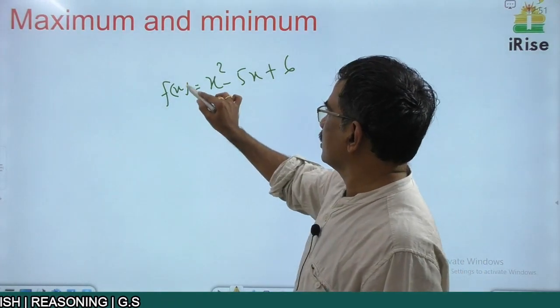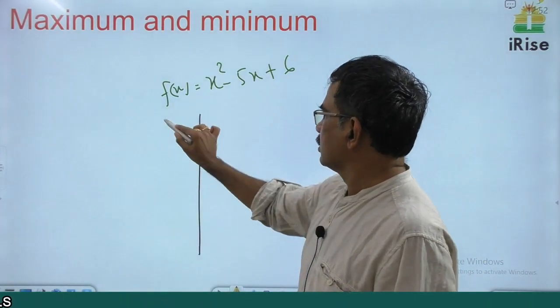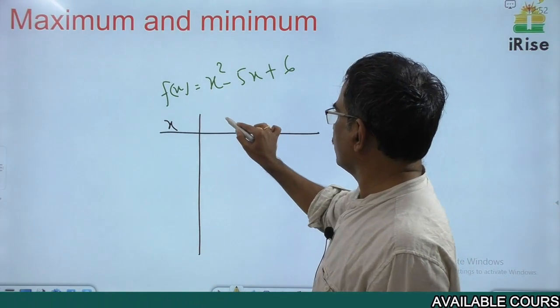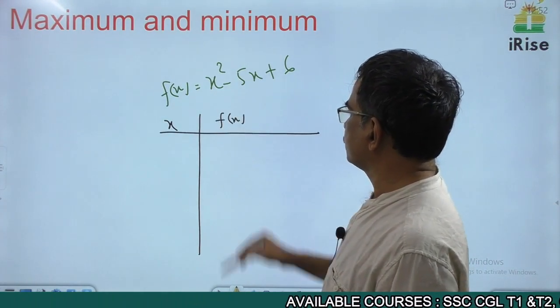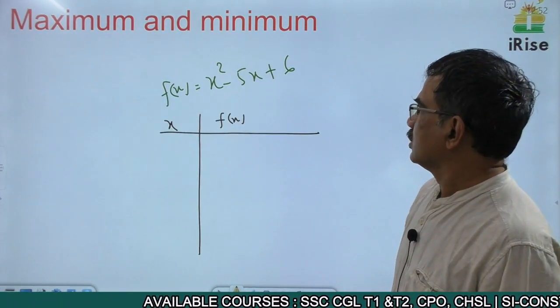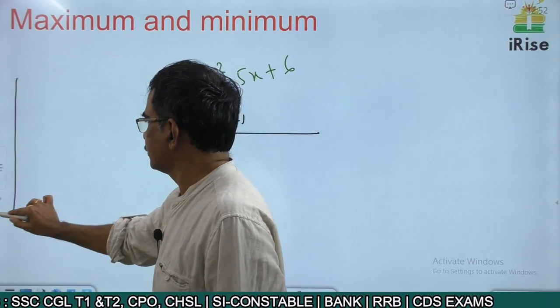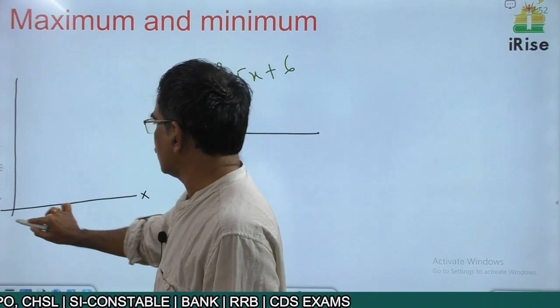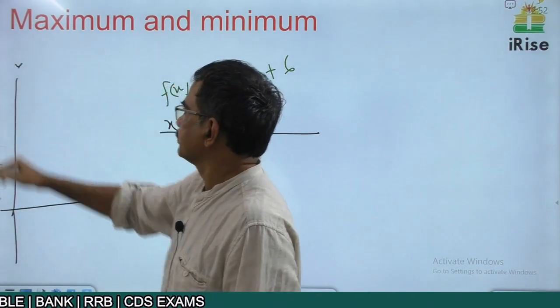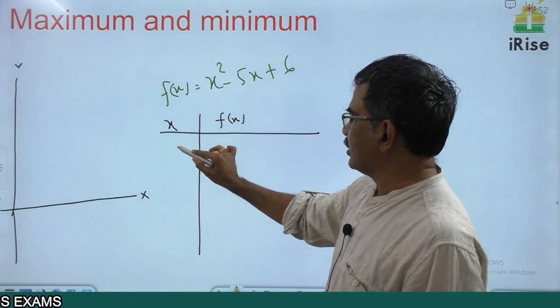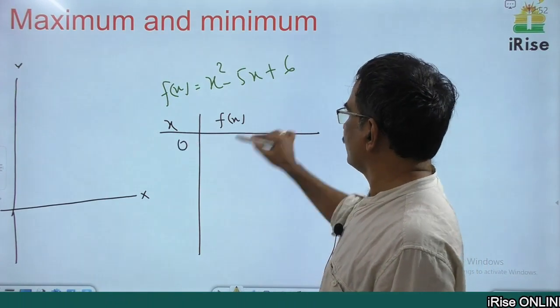I want to consider x and the corresponding value of f of x. Then what about the graph? If you put x is equal to 0, the value is 6.